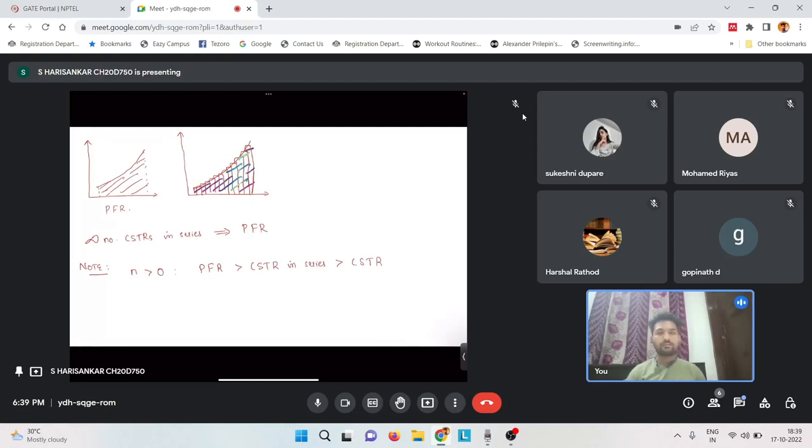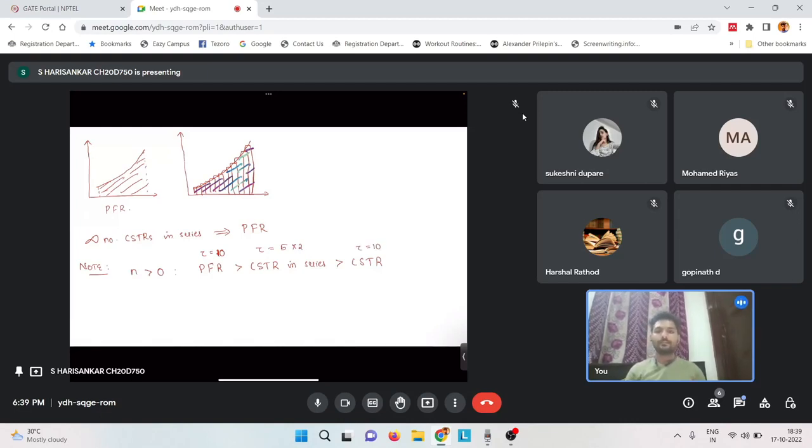So if you have a PFR of, let's say, 10 meter cube or a space time of 10 units, and if you have CSTRs in series, let's say 5 CSTRs in series with a space time of 2 each, and then a CSTR with a space time of 10. I'll write it here. Space time of 10. This is, space time is equal to 5 CSTRs of 2 space time, and then the single CSTR also has a space time of 10.